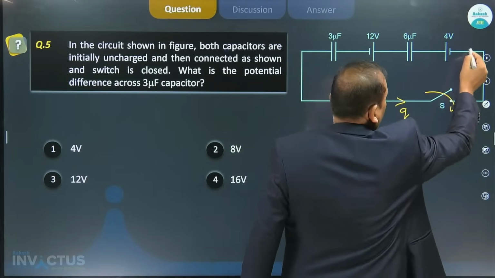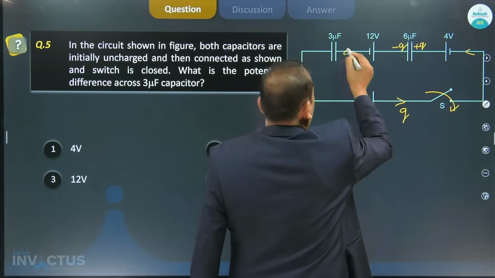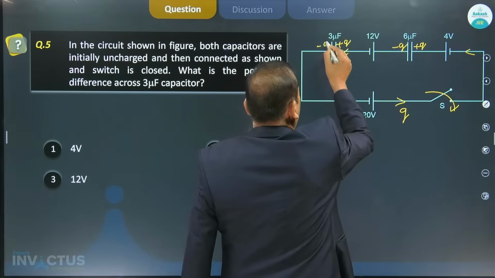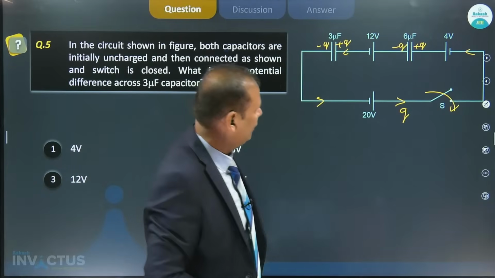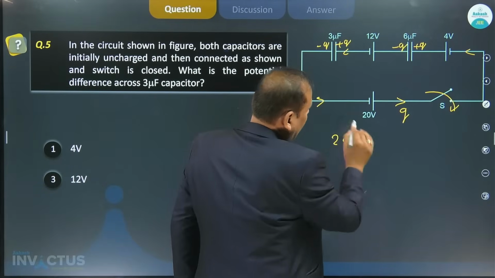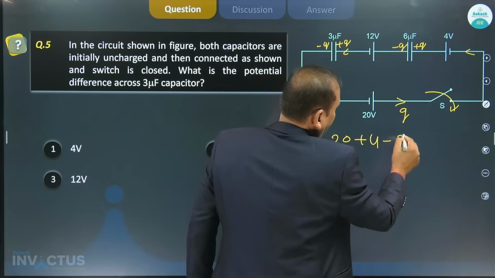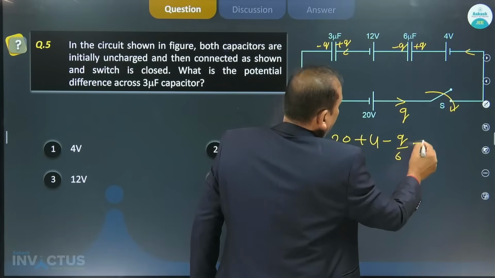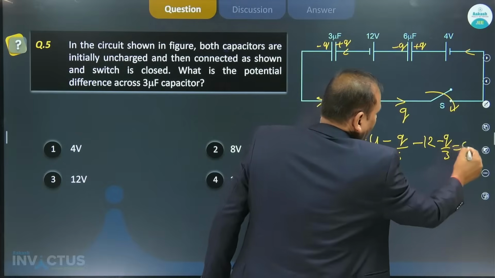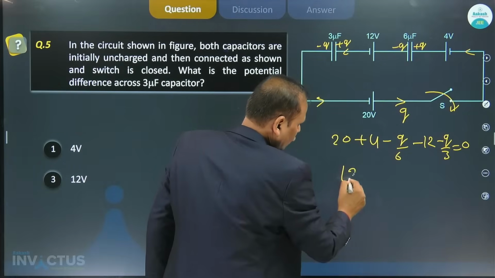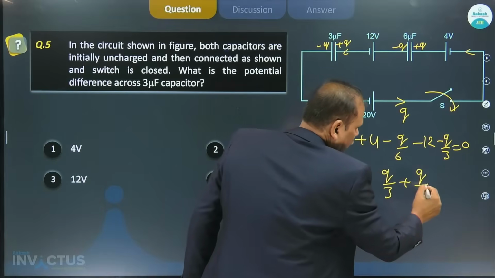So plus Q, minus Q, plus Q, minus Q. Just apply Kirchhoff's law. 20 plus 4 minus Q by 6 minus 12 minus Q by 3 is equal to 0. That is 12 is equal to Q by 3 plus Q by 6.